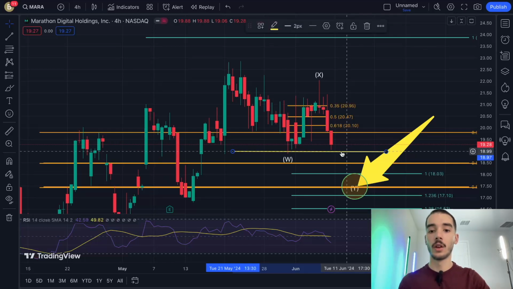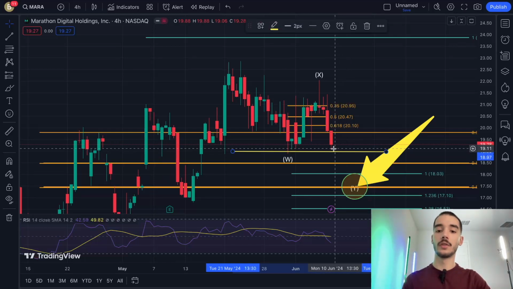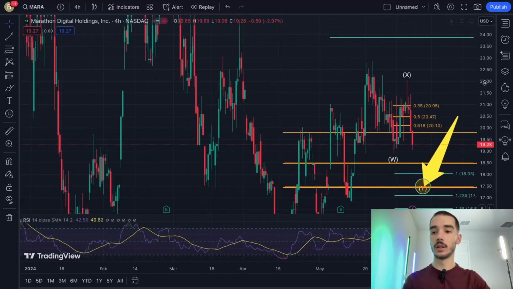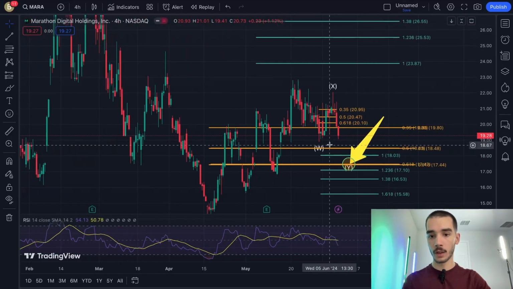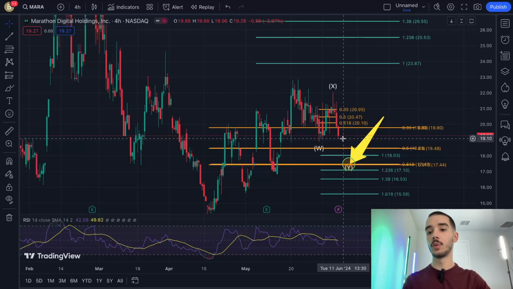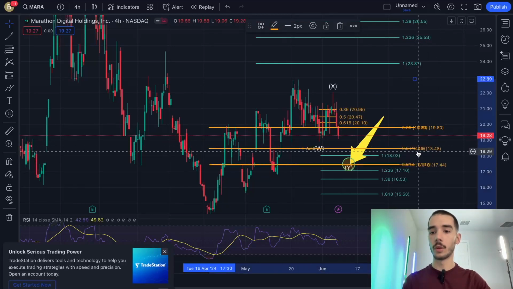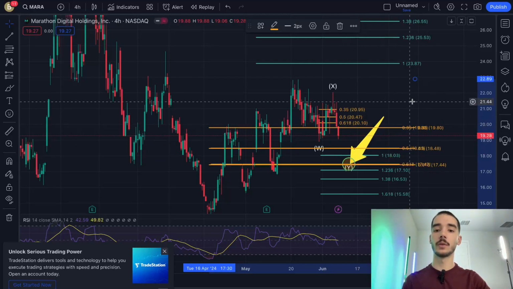Now, we are currently at this support area in this range right here, which means that we could potentially find support here as well and then move up higher, which wouldn't be a bad thing just because, if you guys take a look, we are in between this overall, this larger 0.5 and then 0.35 retracement area.